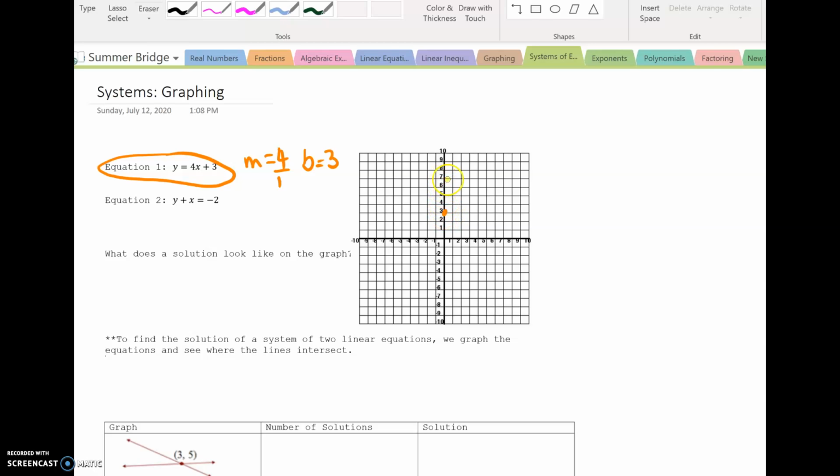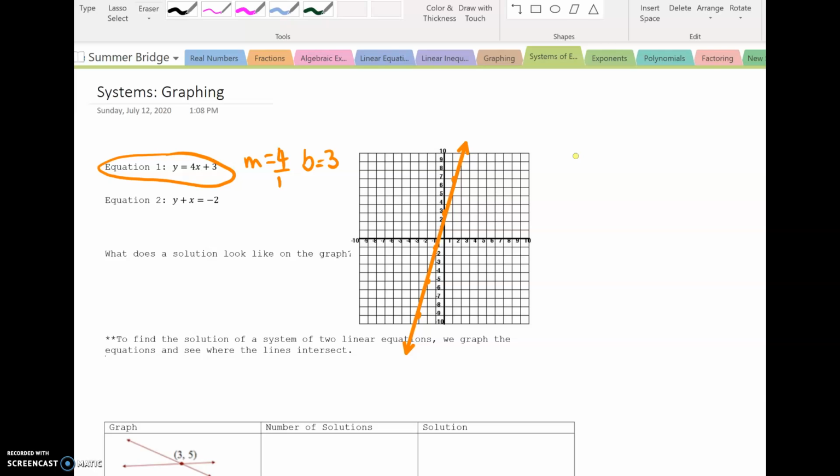And then we go down 4/1, down 4/1, down 4/1, and there's our line.